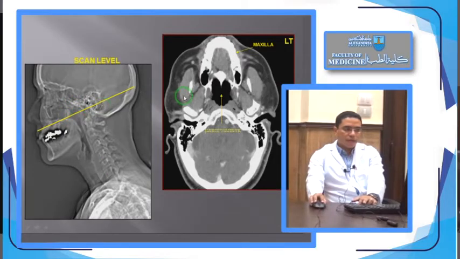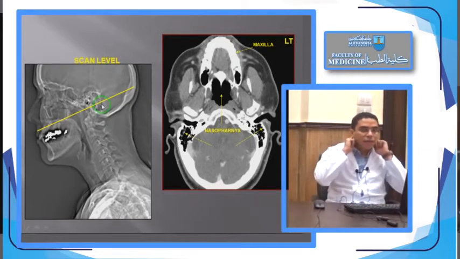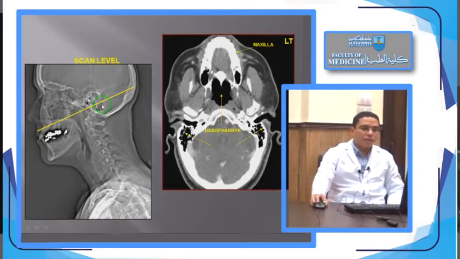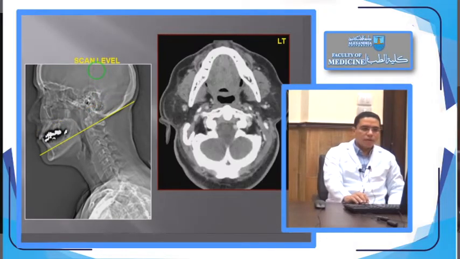So this is the nasopharynx. Another air-filled cavity backwards at this side is the mastoid sinus. And finally we have air coming from inside to outside like a tube. At this level, this is the external auditory meatus.